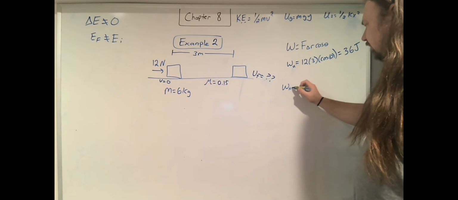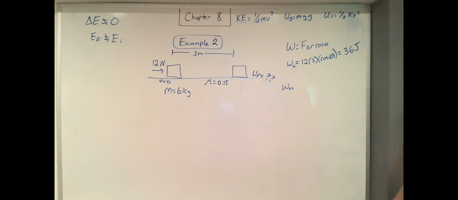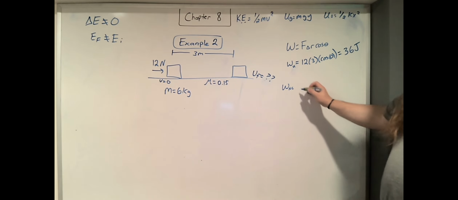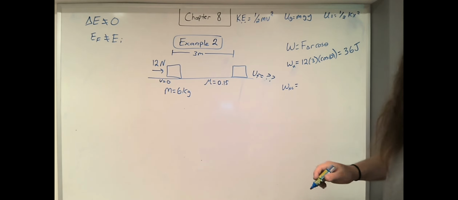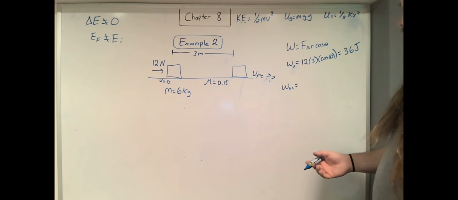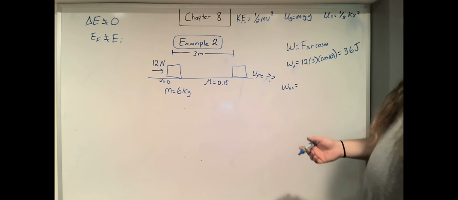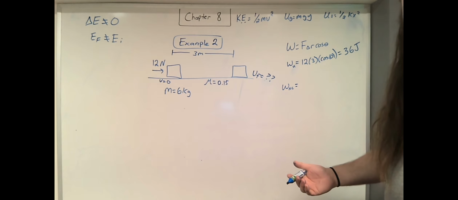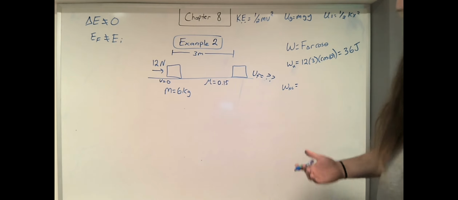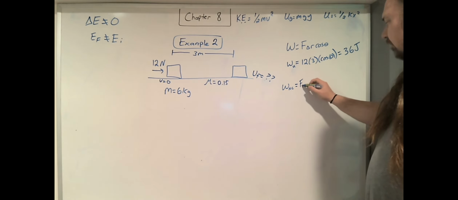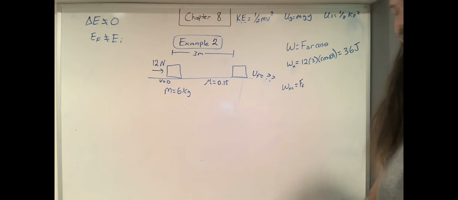Well, they call that a non-conservative work. Right? It's the work that's being done that you cannot get back. It's not conserved. So we call it NC. What force is causing that non-conservative work? The friction force. Right? The friction force.